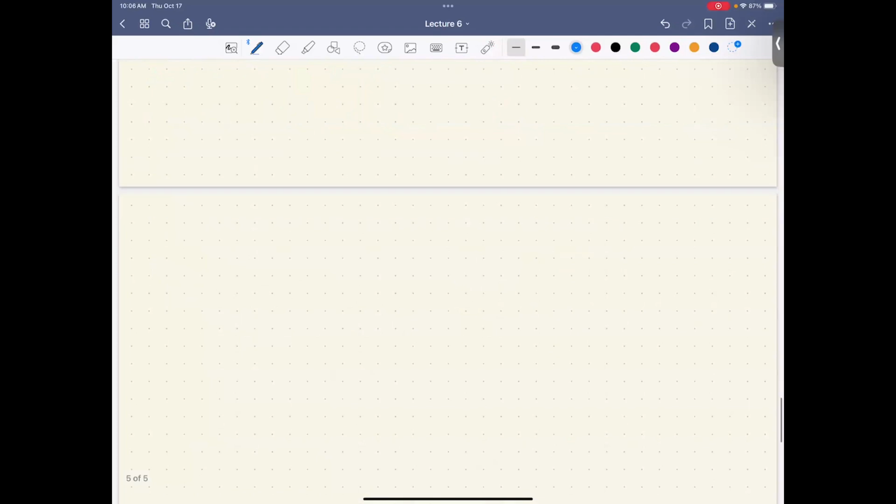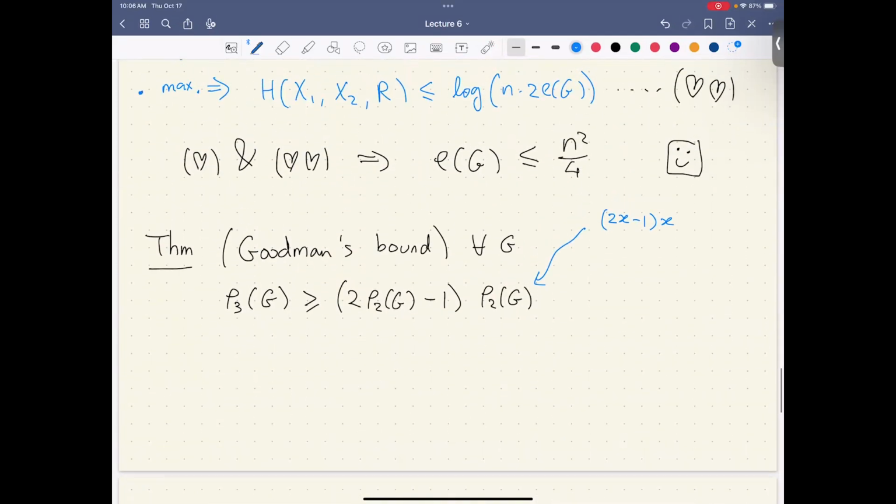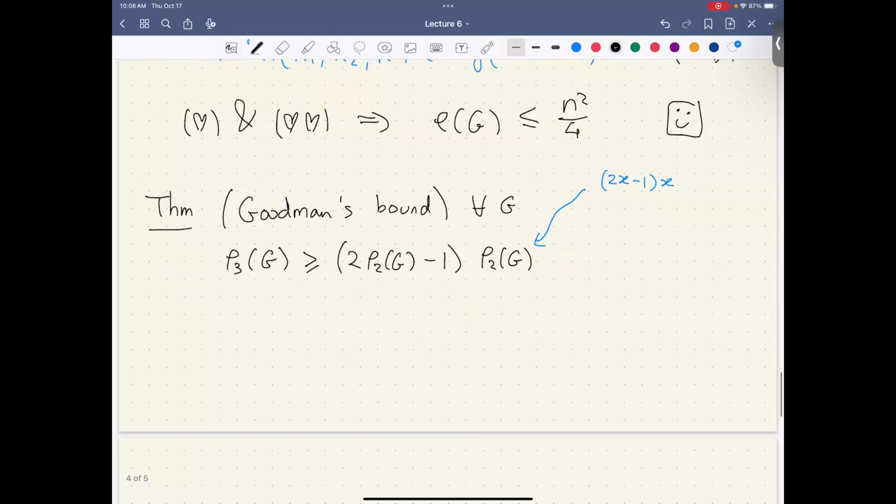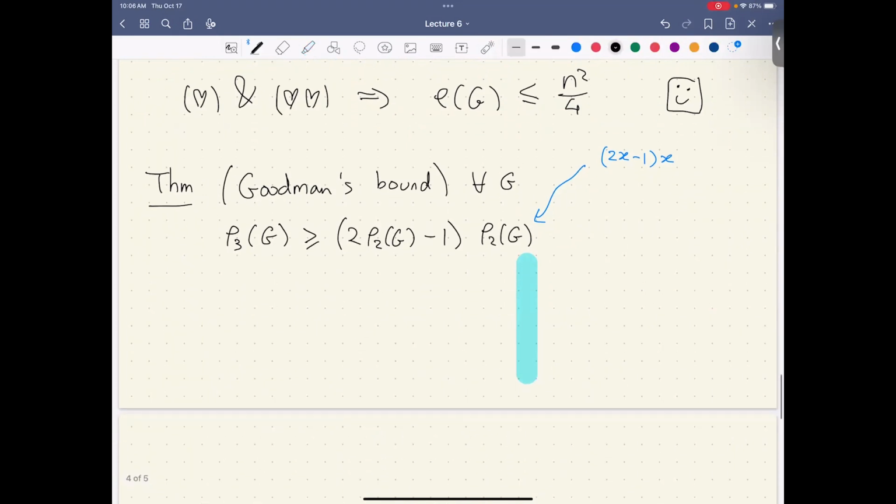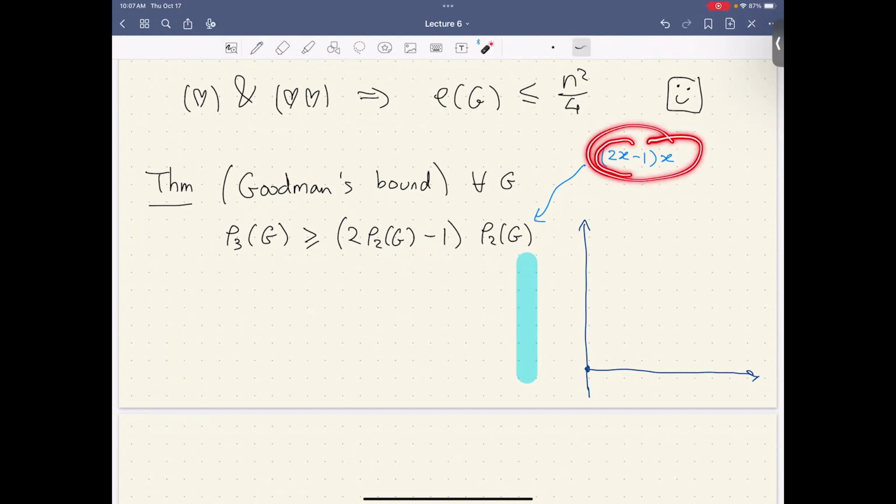Let's first try to understand this function by plotting how it looks. This function has roots 0 and 1/2.